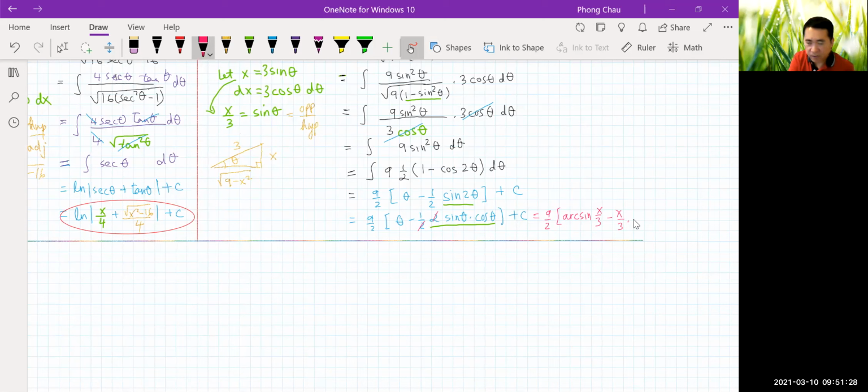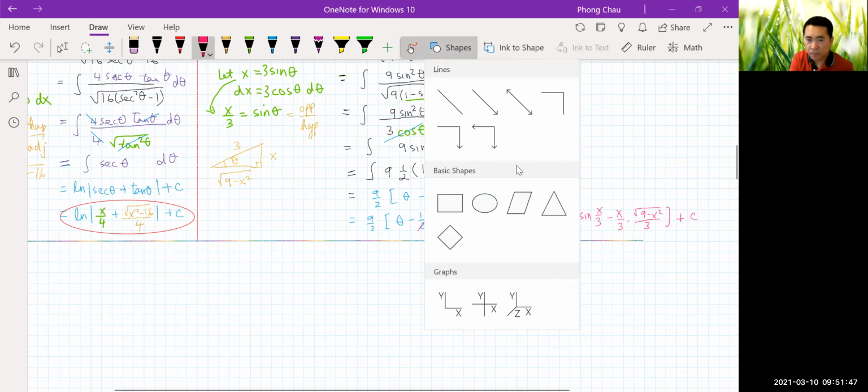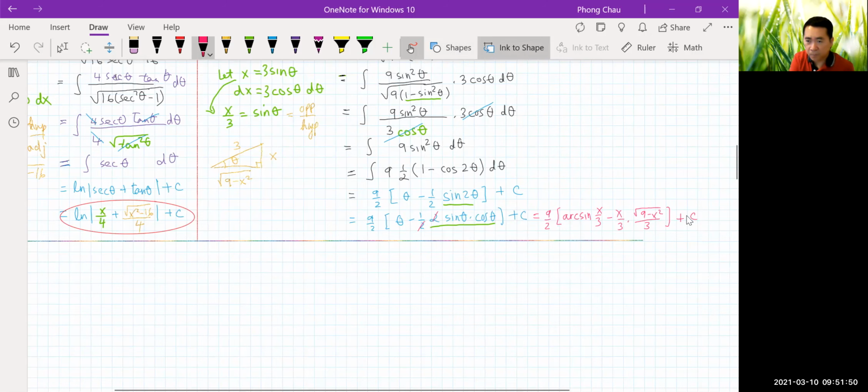The adjacent is the square root of 9 minus x squared over the hypotenuse, which is 3. Plus a constant. So that finishes example 3 here.